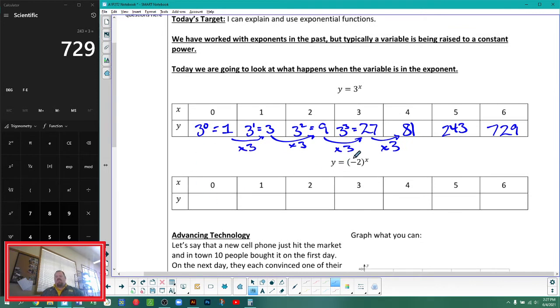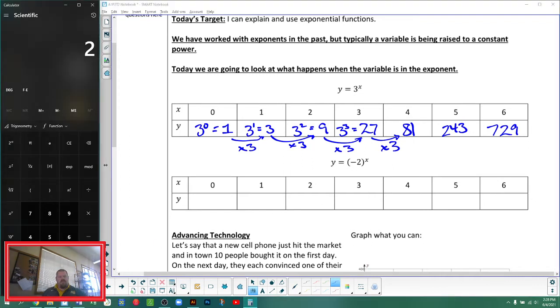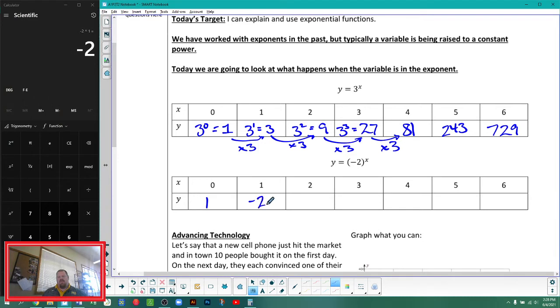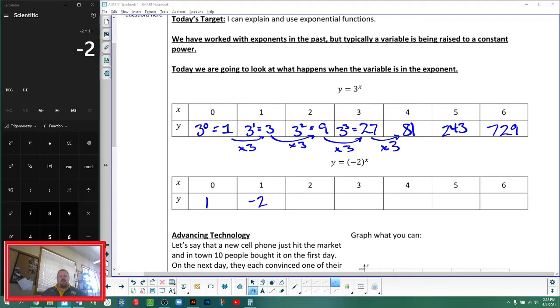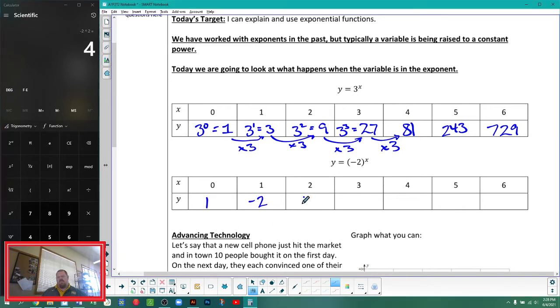Let's see if the same thing holds true with a negative 2. For negative 2, if I raise that to the 0 power, I still get 1. Negative 2 to the first power, I get negative 2. Negative 2 to the second power, I get positive 4.